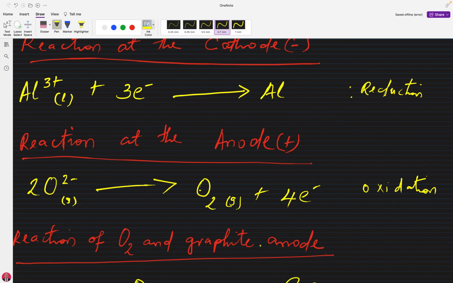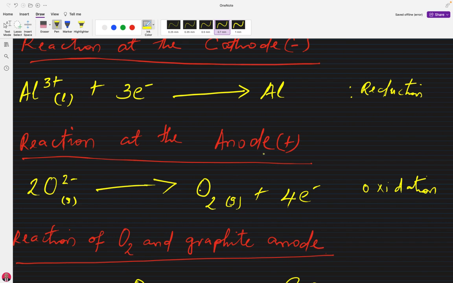Then point number 7, the oxygen produced at the anode.